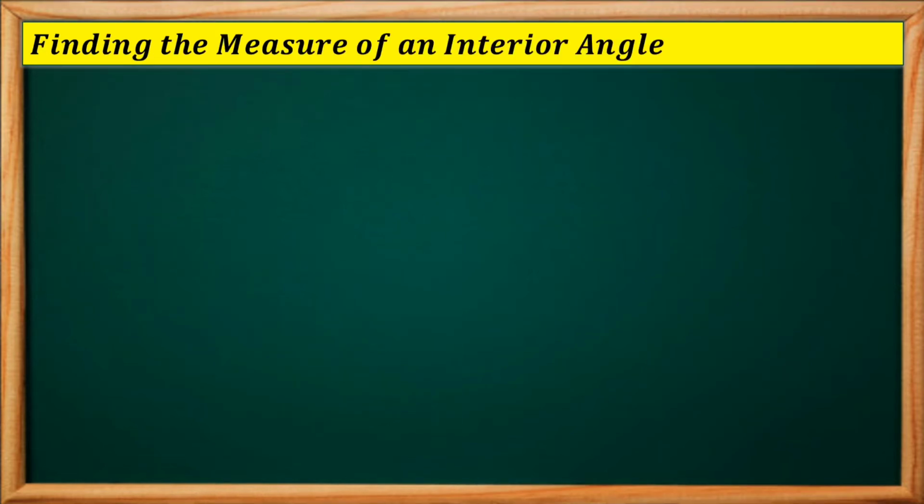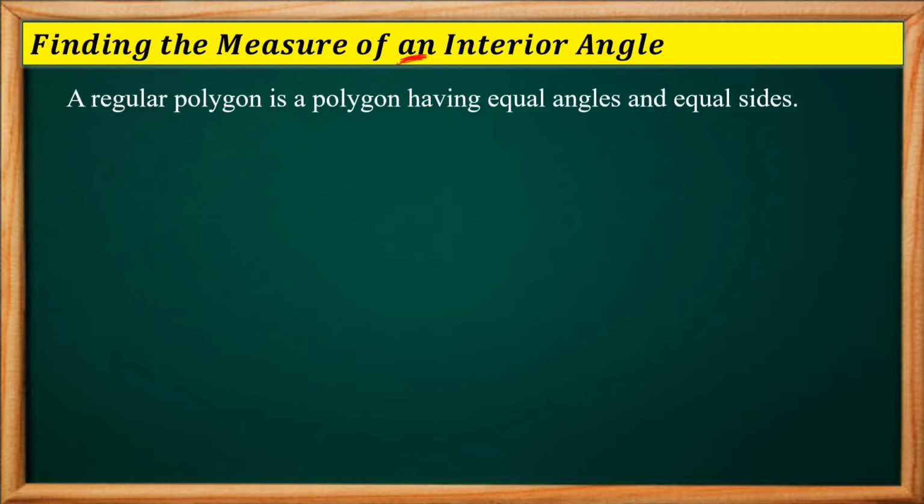Okay. Now, finding the measure of an interior angle. An interior angle means each one. Earlier, we were finding the sum of the whole interior angles of the polygon. But this time, given the sum or the total measure of interior angles, we will find the value of each angle.